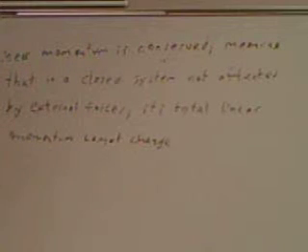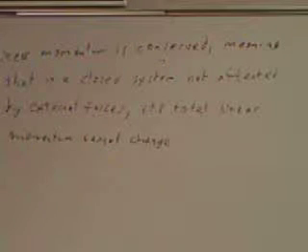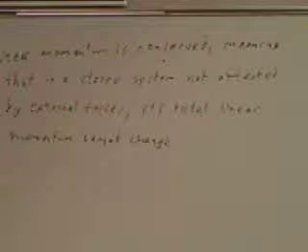Okay? So if you have some system and there aren't other things coming in and affecting it, some force coming in and hitting something, you just have some closed system, total linear momentum can't change. Momentum is conserved. It's not going to change.